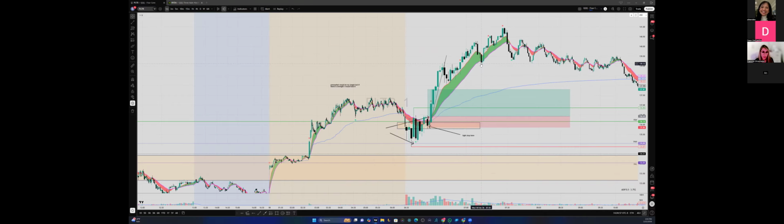But their thing is you have to ride the whole move from that impulsive entry up to the top, or, a little more aggressive, until they see that red ribbon. I'm like, oh my gosh, I wouldn't get that aggressive.